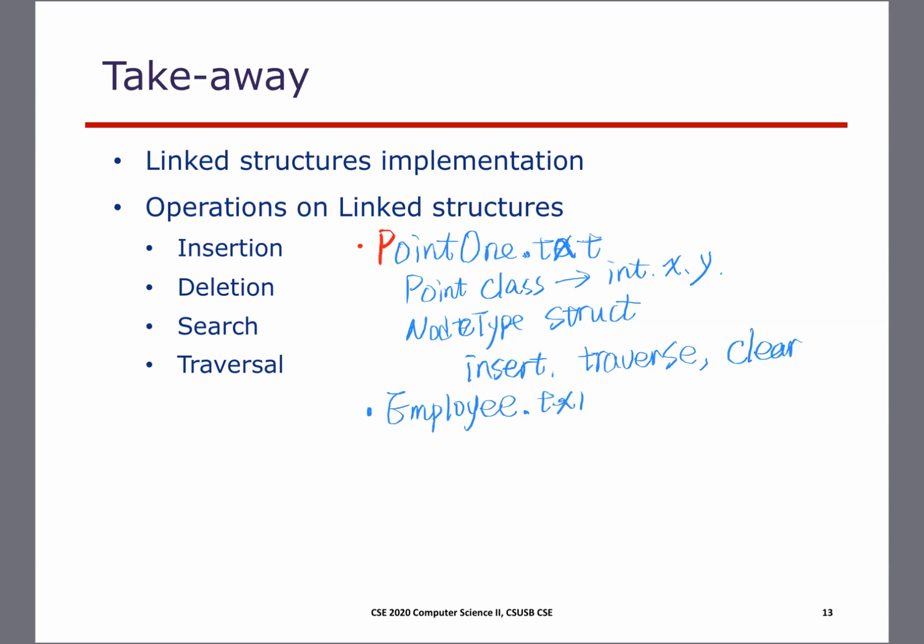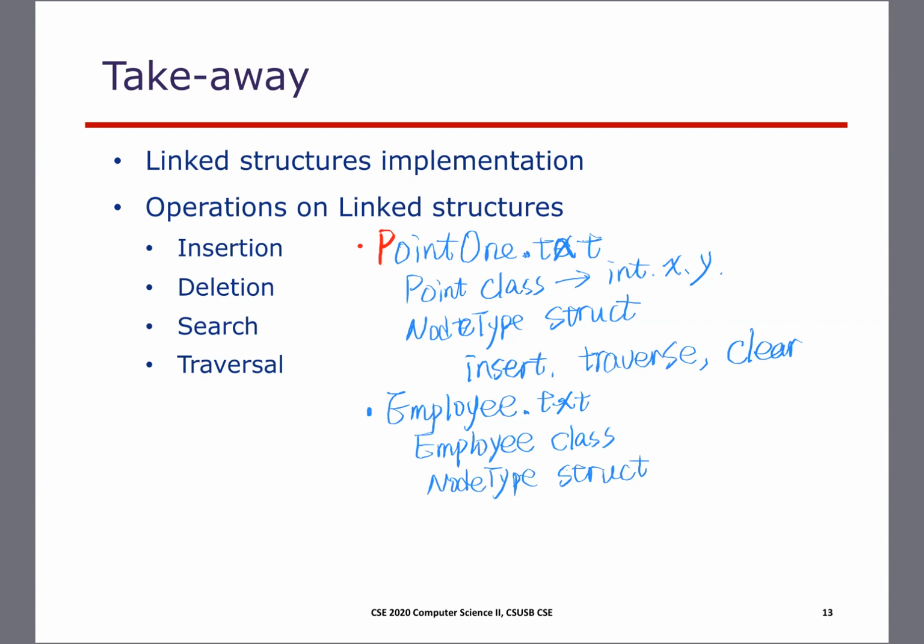And then the second example is in the employee.txt file. It's also posted on the canvas. So in this example, we have the employee class, and we also use the node type struct. And we store a collection of employee objects in the linked structure.